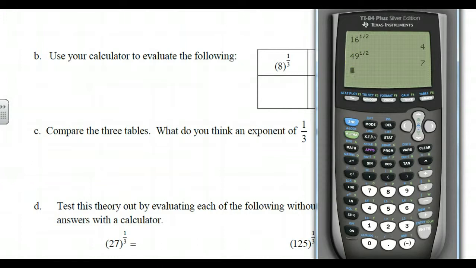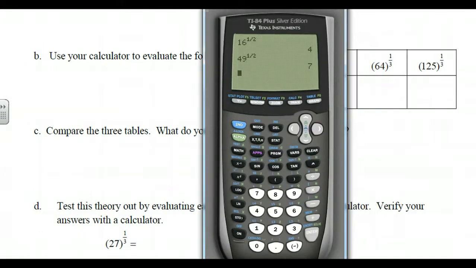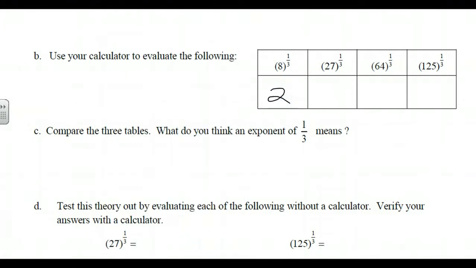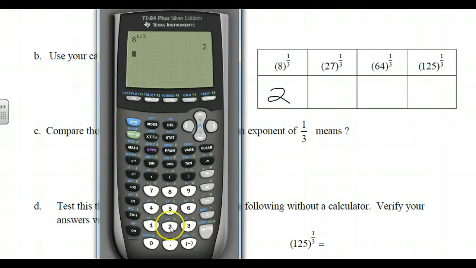8 to the 1/3. Now let me just slide this over. 8 to the power of 1 divided by 3. 2. 27 to the 1/3. 64 to the 1/3.